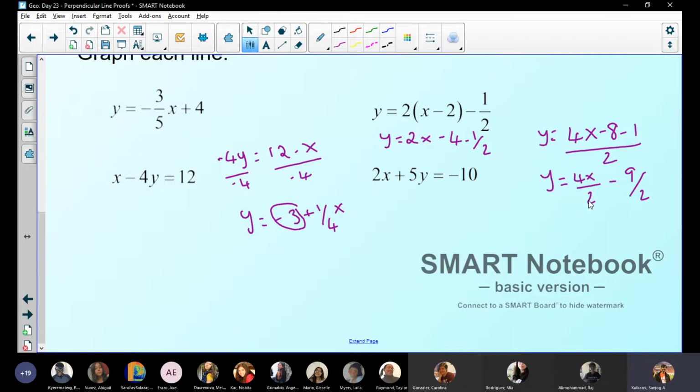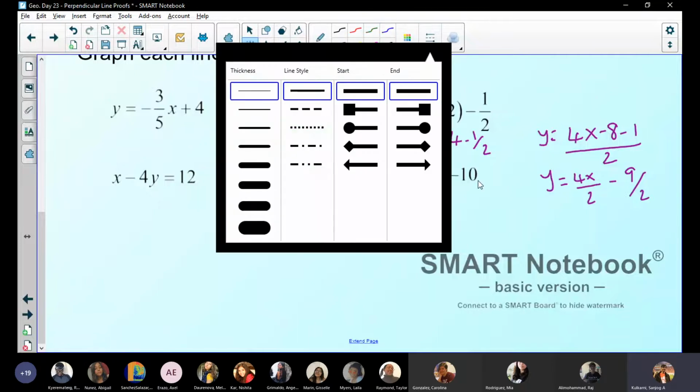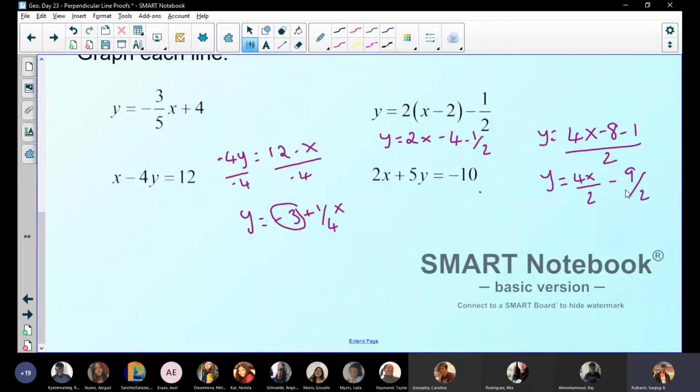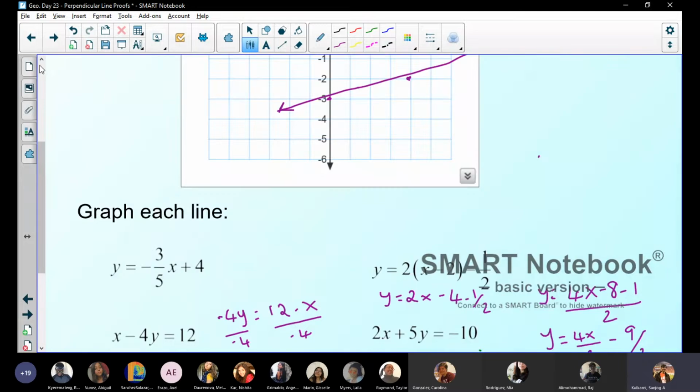So further, I'll have y equals 4x divided by 2. You can just use this and try to plot. I have the y-intercept as negative 9 over 2 and the slope as 4/2. So let's use this. I'll use green this time, since I've already used purple. So -9/2 is nothing but -4.5 as the y-intercept. So this is where I'll have the y-intercept.